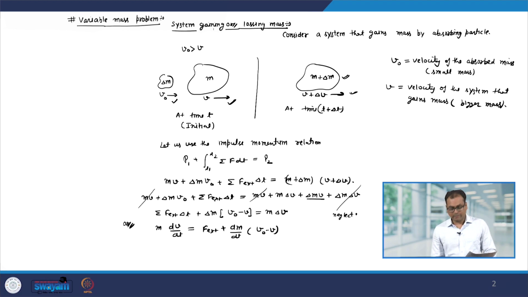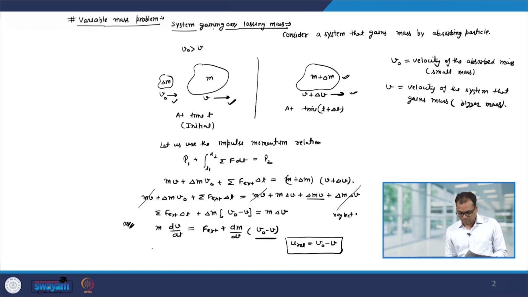So what I do is I divide by delta t, and then those small deltas I write as d. Let us define this quantity v naught minus v as u relative. So u rel equals v naught minus v.